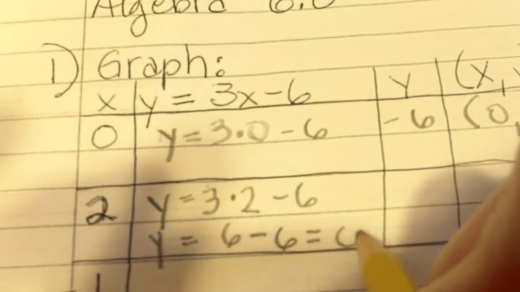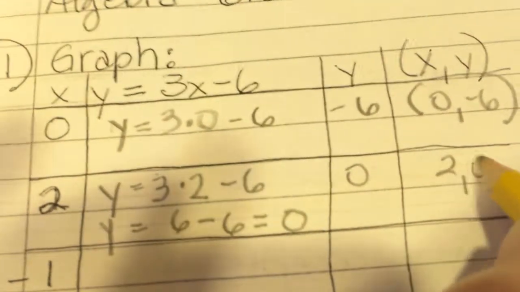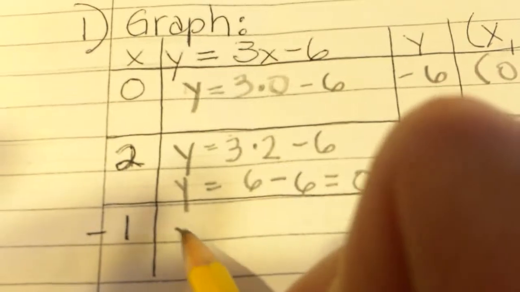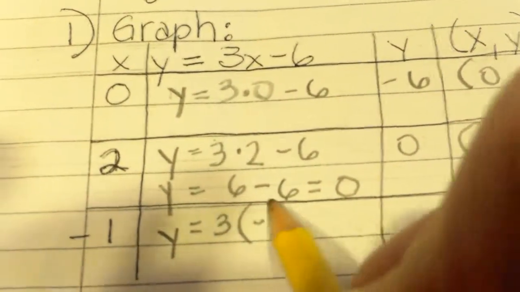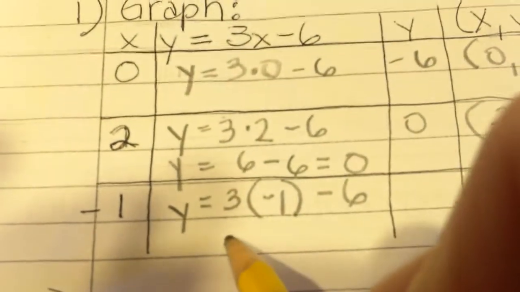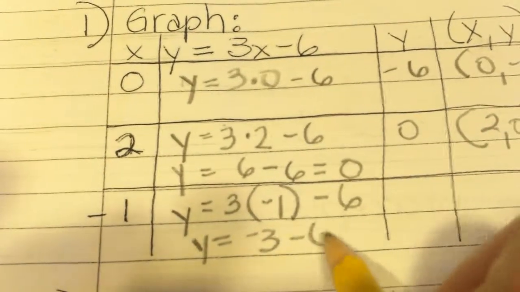So y equals 0. So the point 2, 0 is going to be on your graph. And then finally, we're going to let x equal negative 1. So y equals 3 times negative 1 minus 6. 3 times negative 1 is negative 3 minus 6.